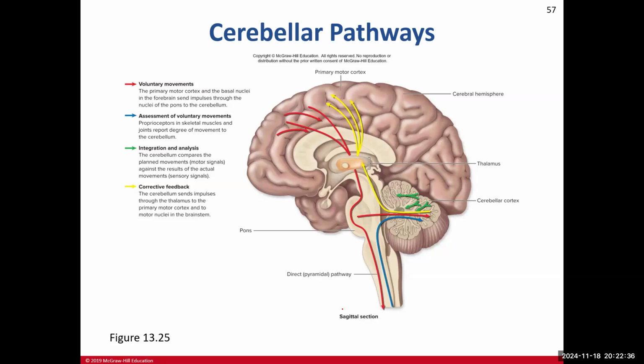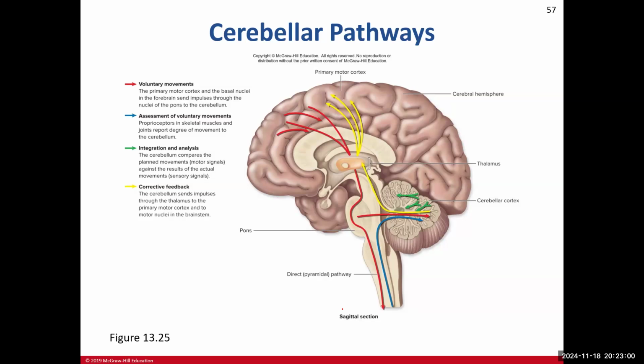So maybe you're not activating enough motor units, for example. Maybe we need to activate more, right? And so then we're going to correct that information, and then the voluntary movements will descend back down to those effectors there. And so it's this kind of loop-like process, but that sensory input information is coming from those effectors.